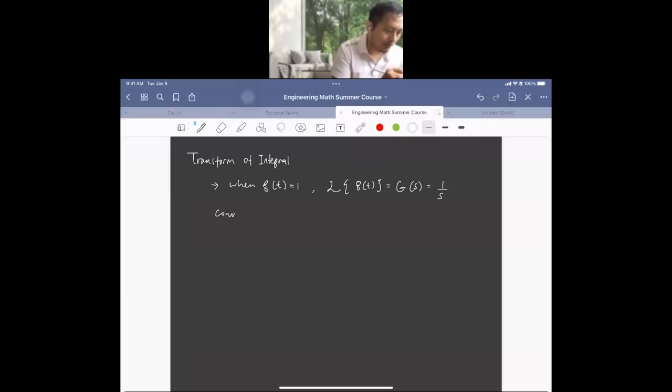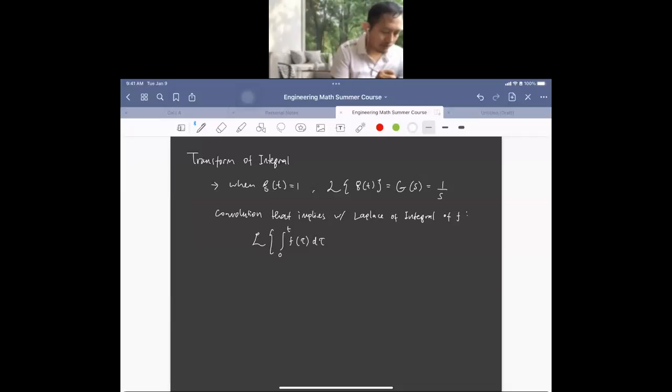And then the convolution implies, with Laplace of integral of f, we have the Laplace of integration.